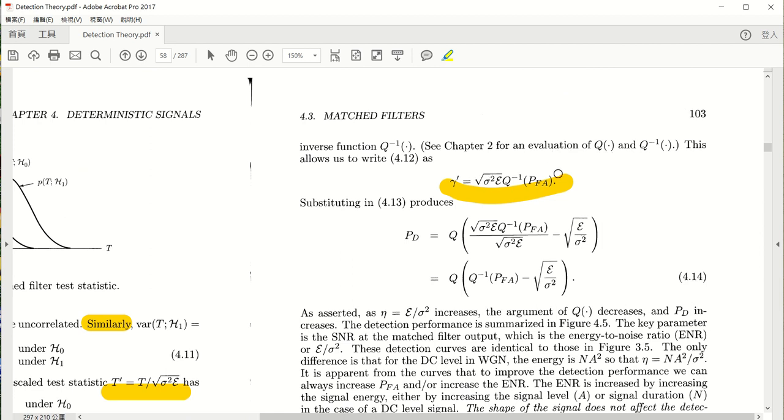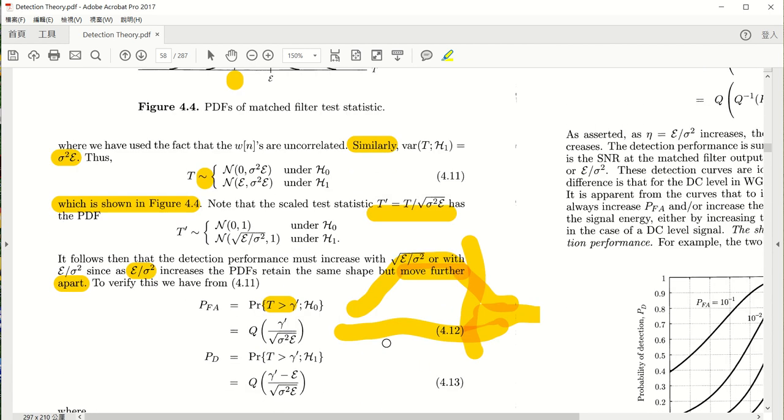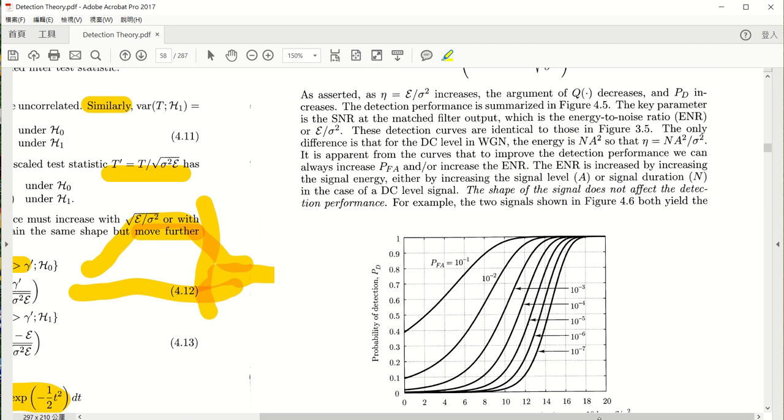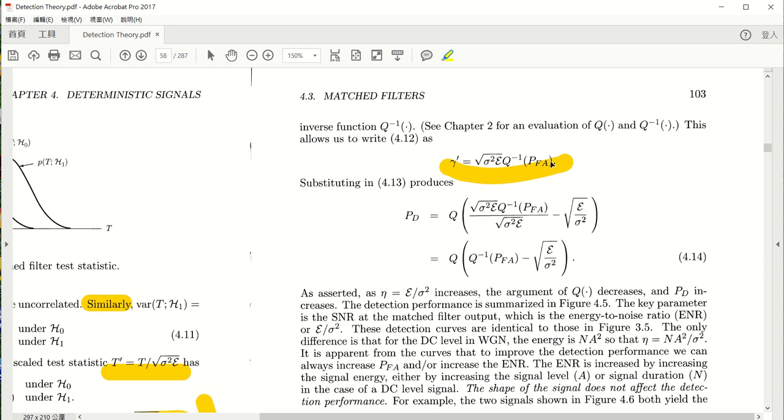So this is also trivial. And then, of course, you can substitute into what? Into PD. Remember, PD is a function of gamma prime. And now we are getting gamma prime as a function of PFA. As a result, we will be able to construct the relationship between PD and PFA. That's the point.